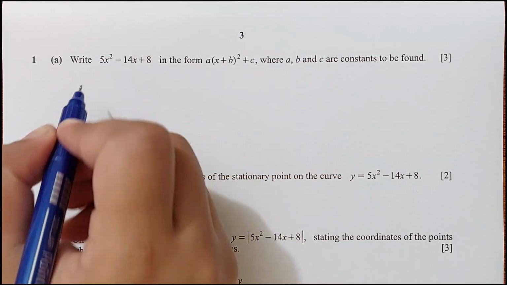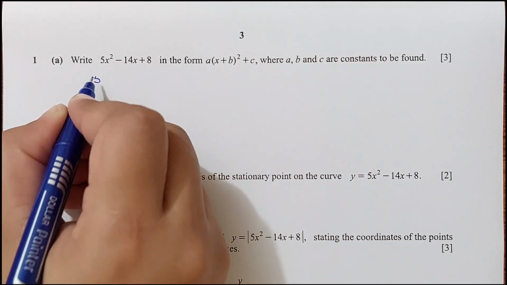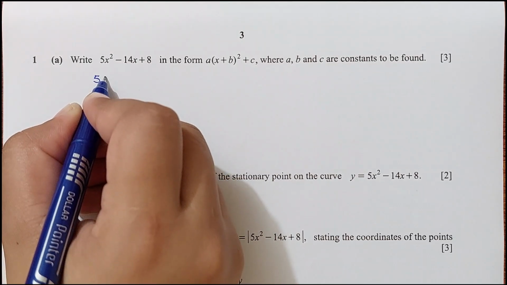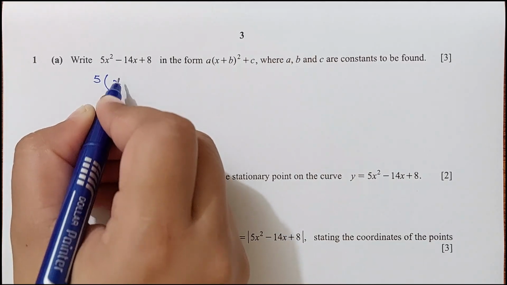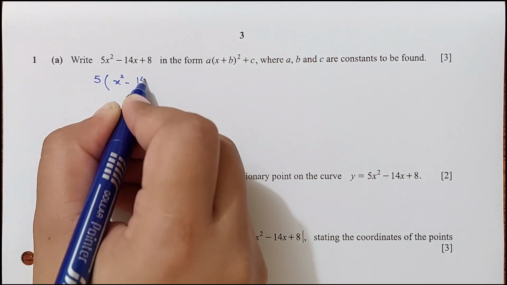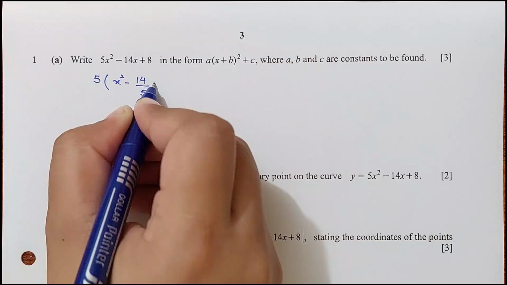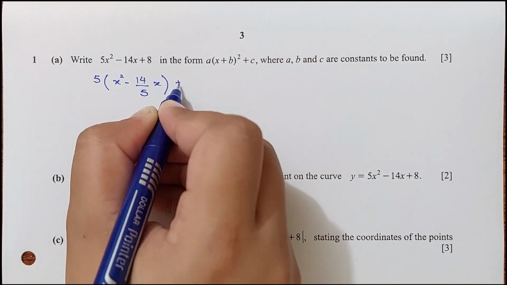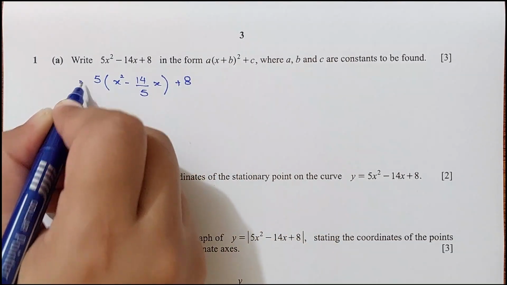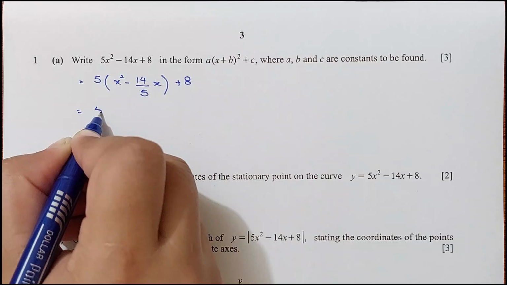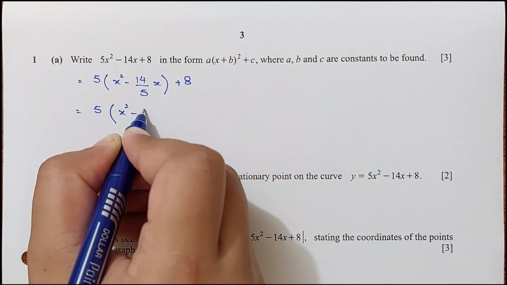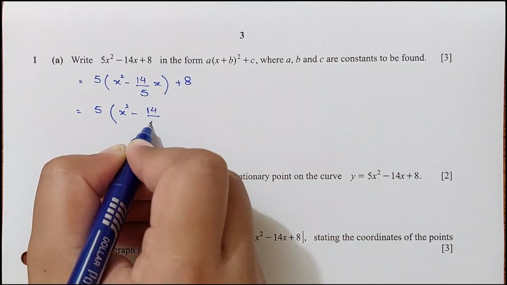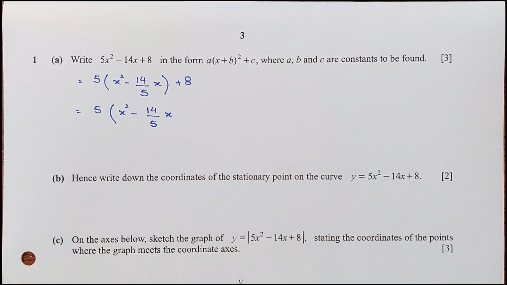Okay, so first let me take 5 common, that is the coefficient of x square, from the first and the second term. So this would be x square minus 14 over 5x, and plus 8 is outside. Now complete the square inside the bracket. 5 is outside. We have x square minus 14 over 5x.